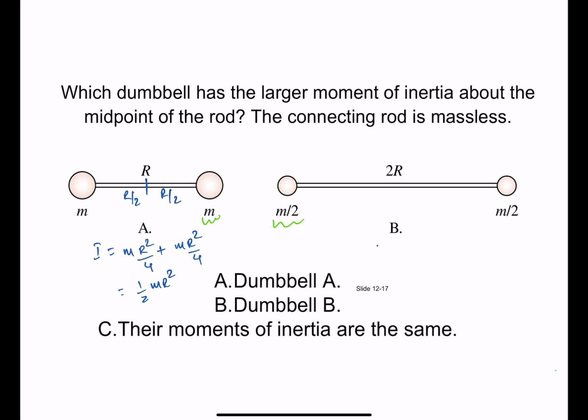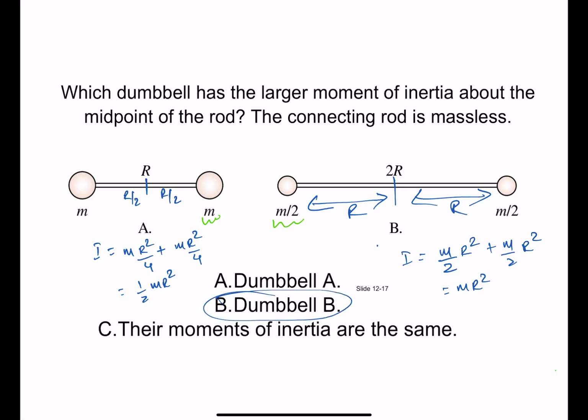In this case, this distance is r from the center, so I equals m over 2 r squared plus m over 2 r squared, that gives you mr squared. This one, dumbbell B, even though the masses are less, since the mass distribution is far away from the center, dumbbell B has higher inertia.